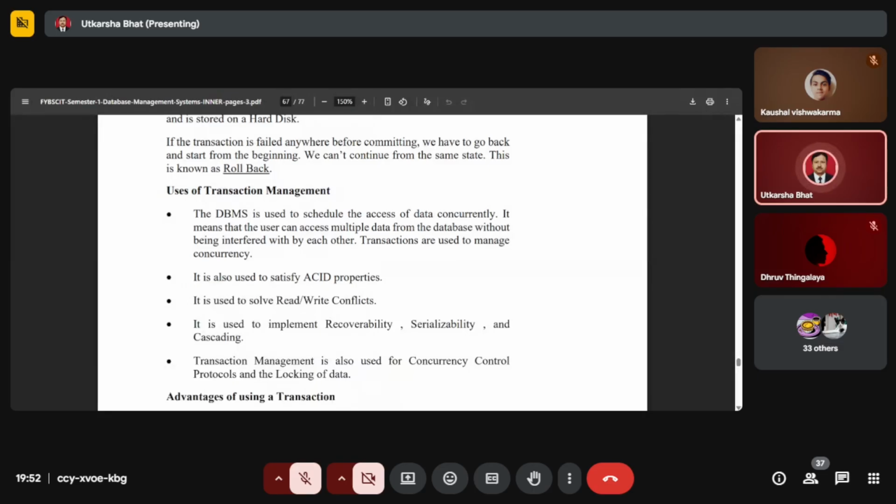Transactions are used to manage concurrency. It is used to implement recoverability, serializability, and cascading. Transaction management is also used for concurrency control protocol and the locking of data.